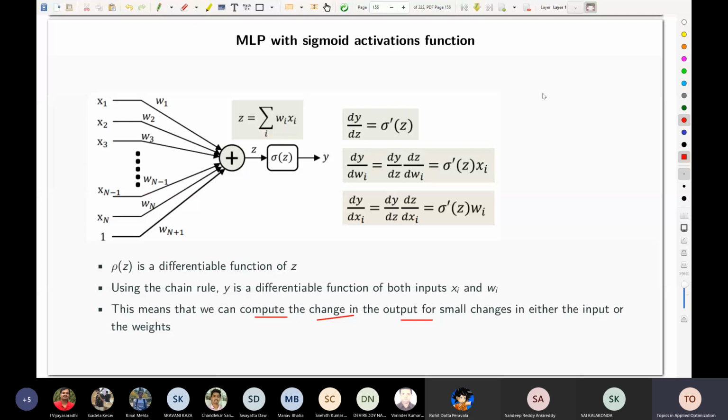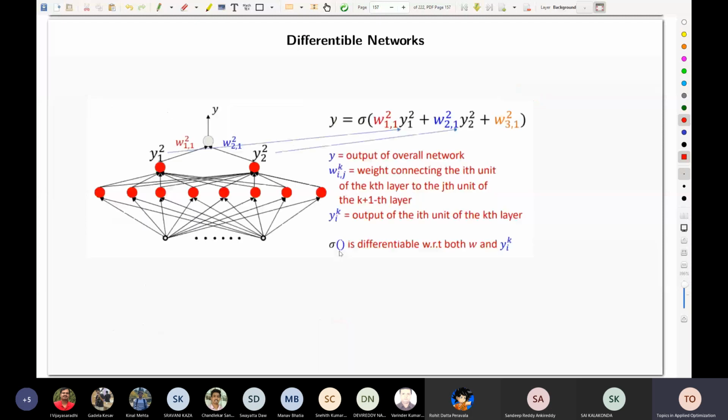This sensitivity is the gradient of the loss that we use in gradient descent, and these sensitivities are nothing but the derivatives here. We tweak this in gradient descent to optimize the weights.